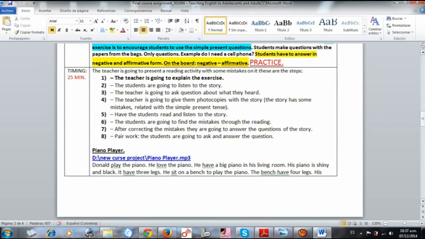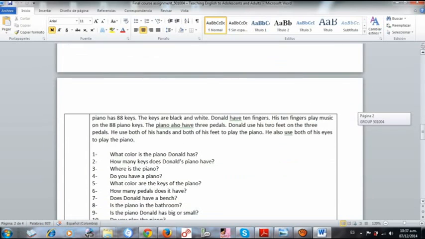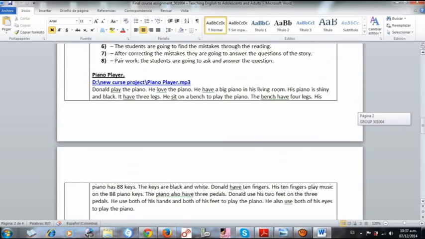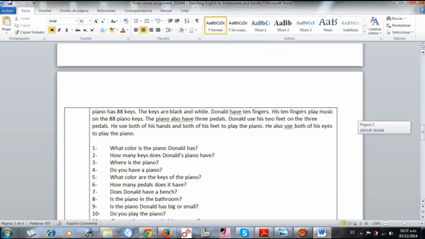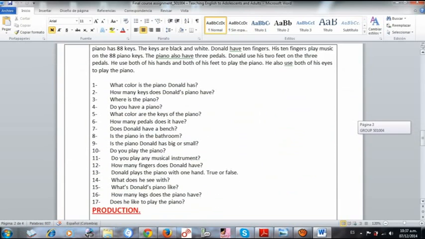The students are going to find the mistakes through their reading. Because there are some mistakes, they are underlined by word, as you can see here: have, love. According to the rules, for he or she, they should correct all the mistakes.